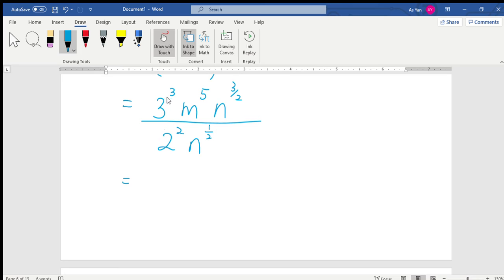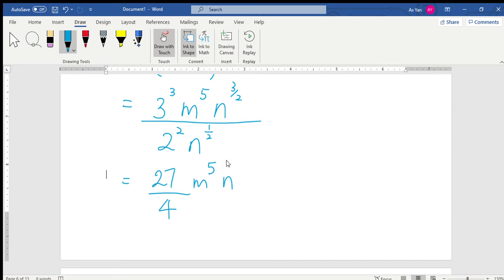3 to the power of 3, 27. And then over 4, 2 square is 4. m to the power of 5, followed by the n, because no more letters of m.